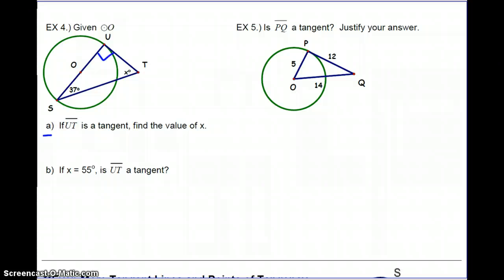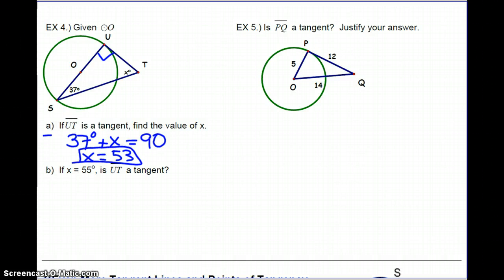Because they are telling us that information, I know that that's going to form a right angle with my radius. Well, I do have a right triangle, and the complementary angles, the acute angles in a right triangle, so the 37 degrees and the x, are going to add up to 90 degrees. And I can get for x 53.